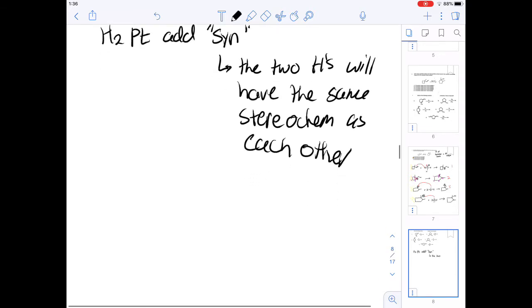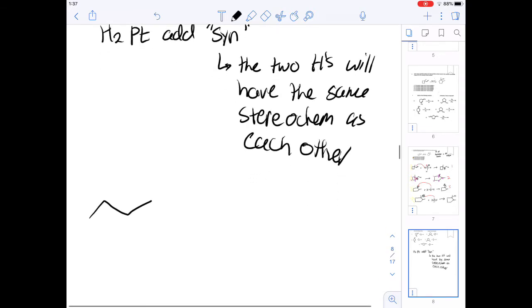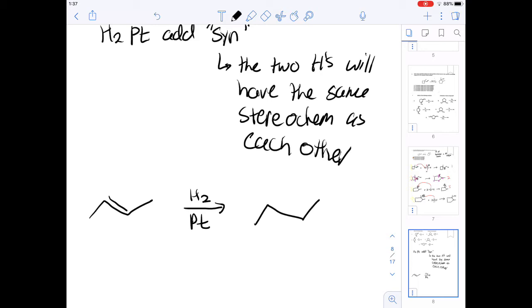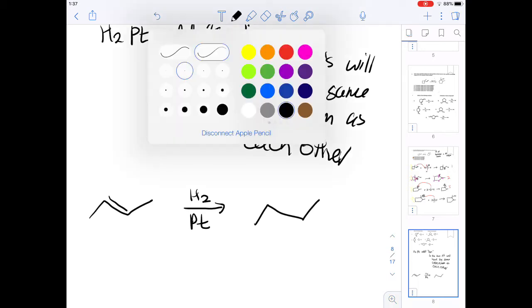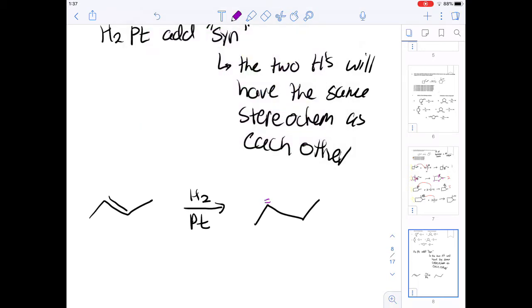So yeah, let me really quickly show you the overall reaction for H2/Pt. So say you have a double bond, you use H2/Pt, all you're going to get is a single bond because you're adding two H's here. They either are going to be both dashes or both wedges, but the way that I've seen it most commonly done, with H2/Pt, the H's almost always add both dashes.